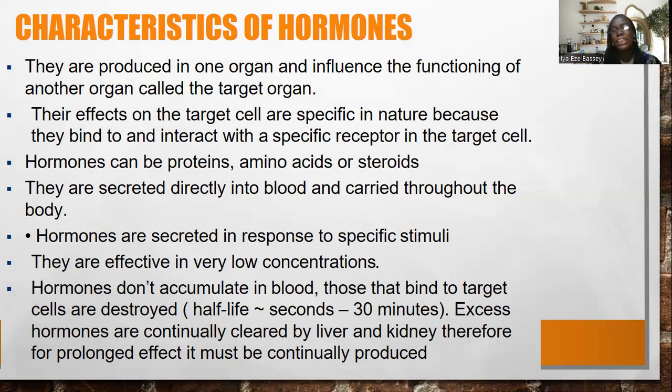And their effect is usually very specific in nature because they bind and interact with what is called a receptor, which is specific for that particular kind of hormone. And these receptors are located on target cells. The hormones that are produced can be proteins, they can be amino acids, they can be steroids, they can also be specialized kinds of fatty acids like the eicosanoids and all that, okay?